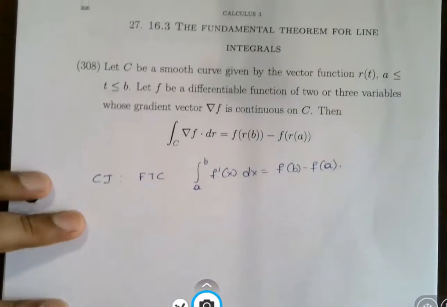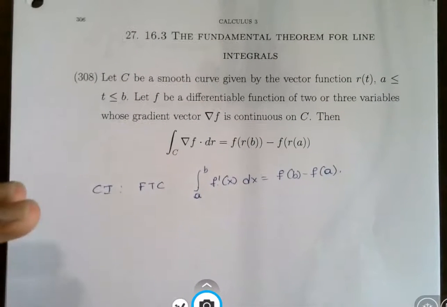Similarly, do we have a theorem in Calc 3, that means for a function of multivariables? Remember in section 16.1 where you studied vector fields, one was a potential function which is a scalar valued function, the other is a conservative vector field, and then in 16.2 you talked about the line integrals.